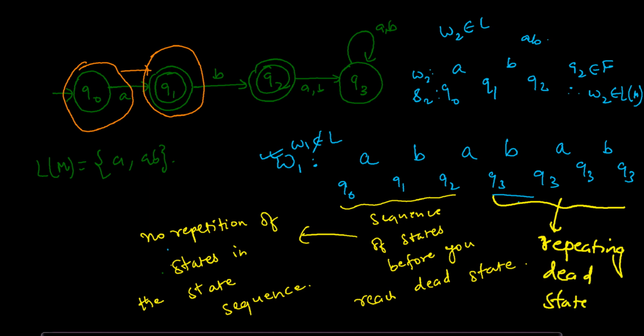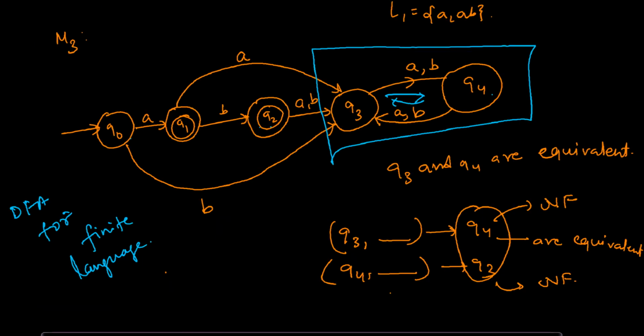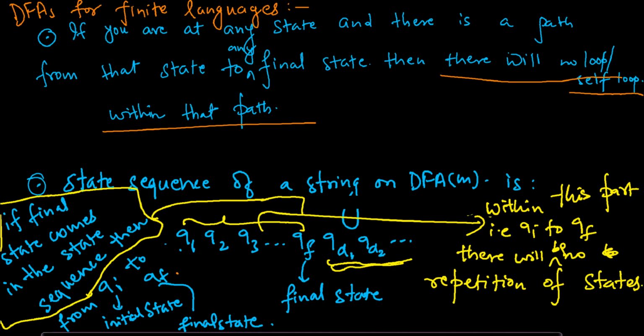Similarly, now that you don't have a dead state, repetition is possible after that. And it does not matter, even if repetition is possible, it will be within these states. Within these states, it will revolve.